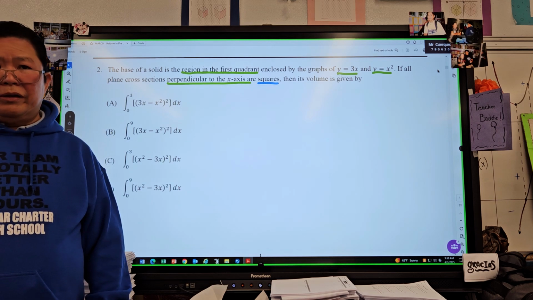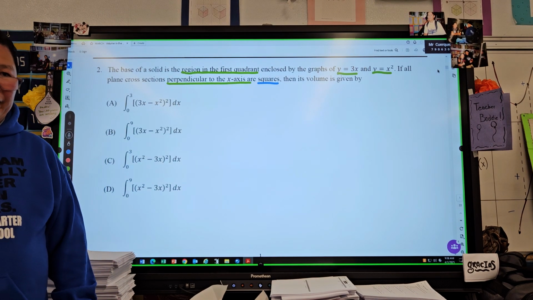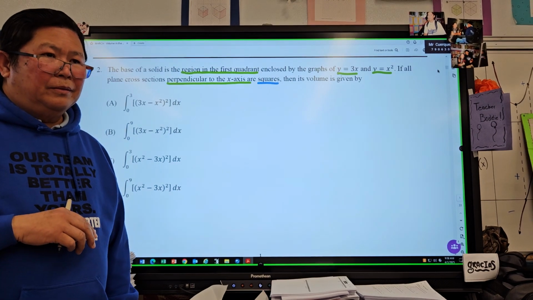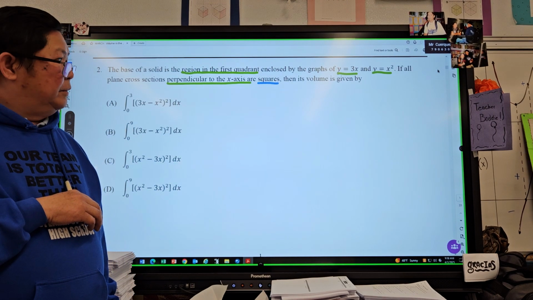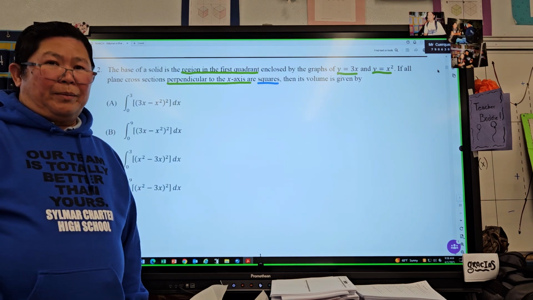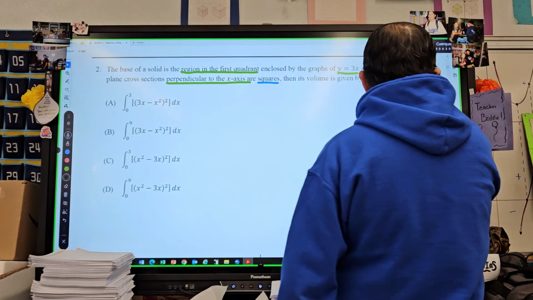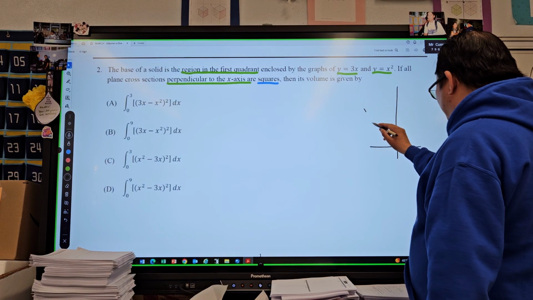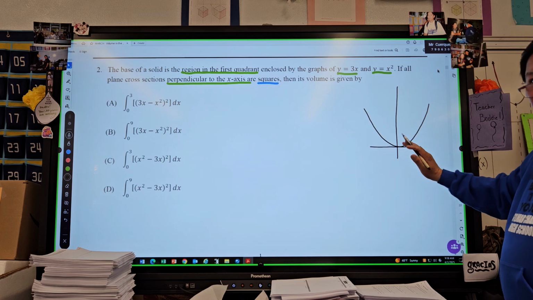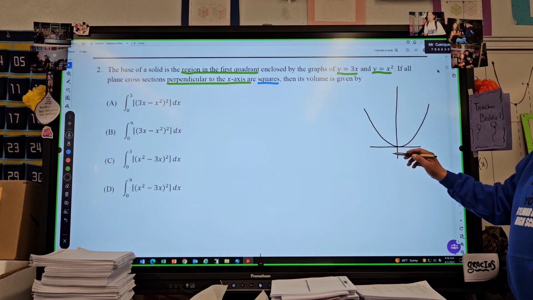Can you imagine now the graph? What prevails on top? Is it a line or a parabola? The line prevails on top, so the line should be our f of x. If you draw this one, this is a parabola, right? But what we're concerned with is the first quadrant and the line 3x.